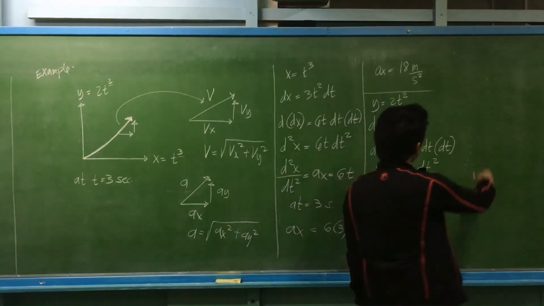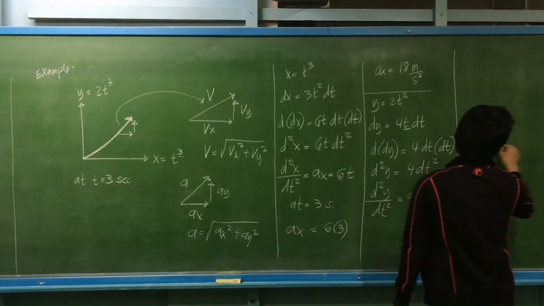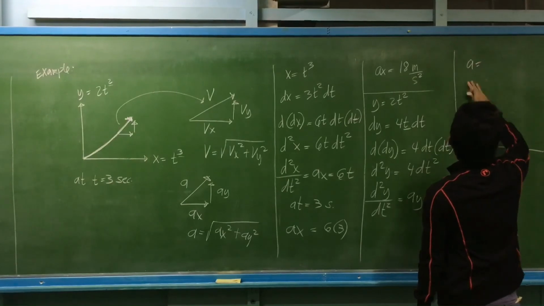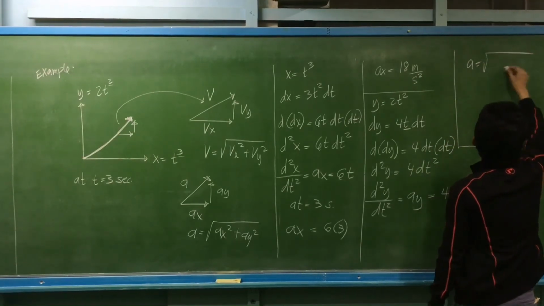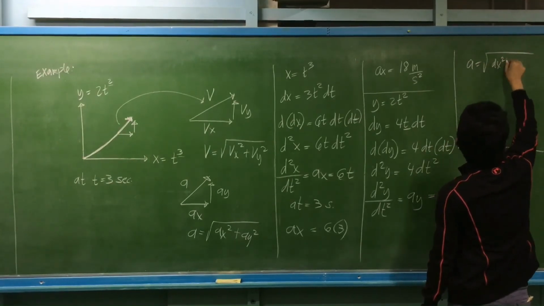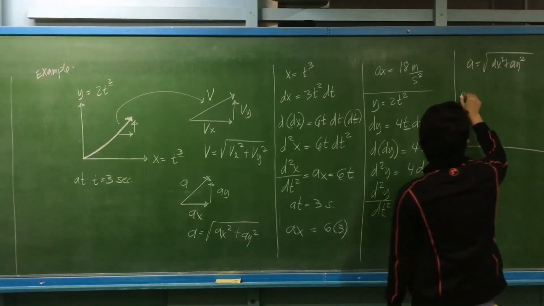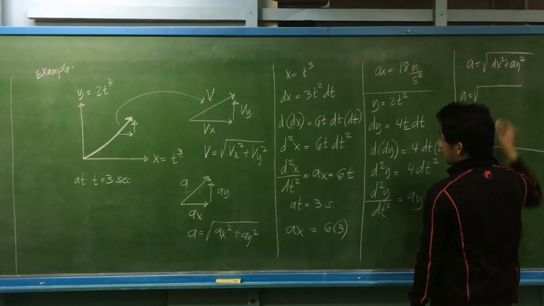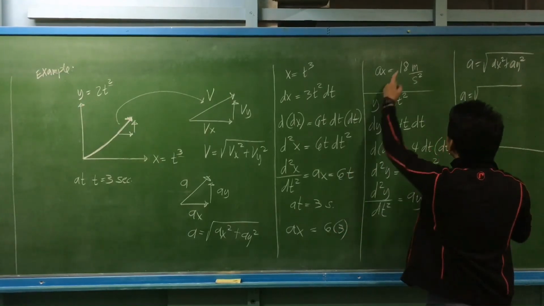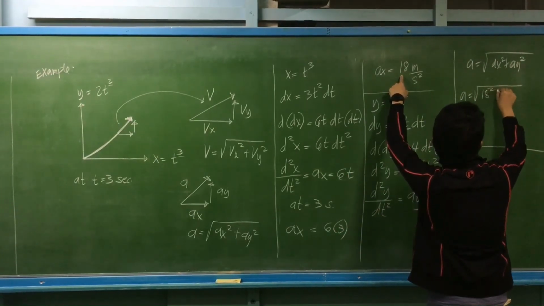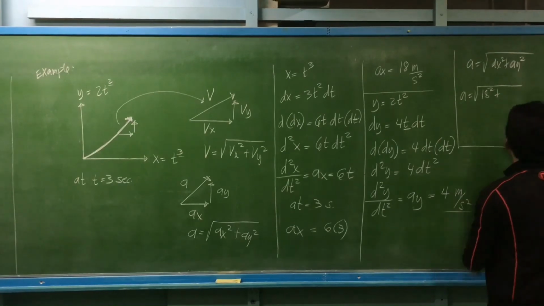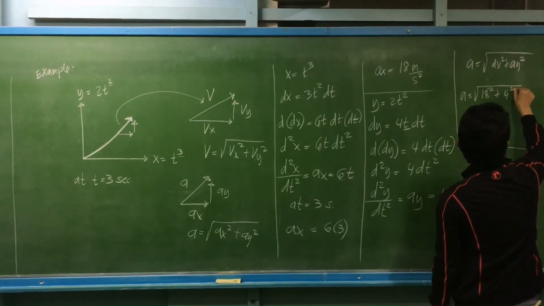So how to determine the acceleration? We have the acceleration is equal to the square root of ax squared plus ay squared. So the acceleration is equal to the square root of, what is ax? This is 18 squared plus ay, this is 4 squared.